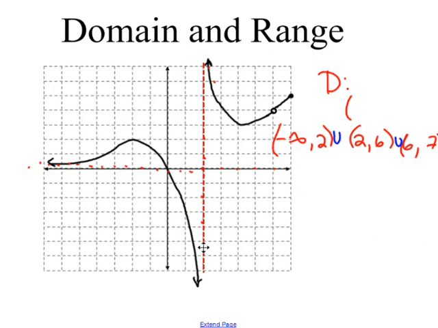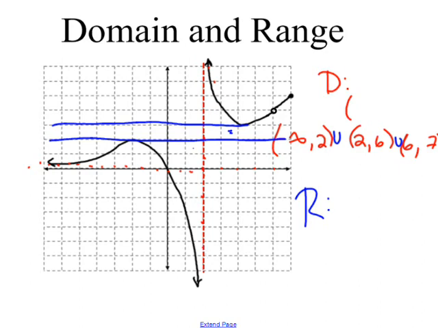What does the range go between? Because of this asymptote, it will go all the way to positive infinity. It will go all the way to negative infinity. So the only area you have to worry about with the range is that area right there, because it doesn't ever hit that.